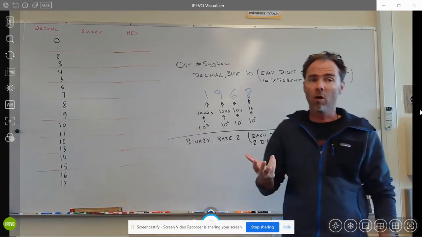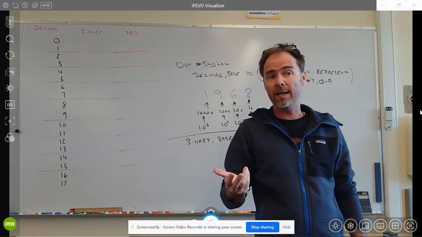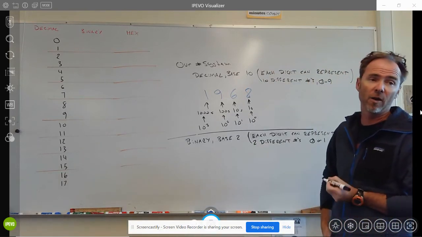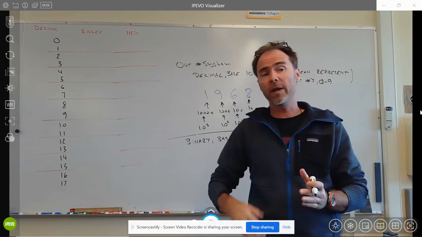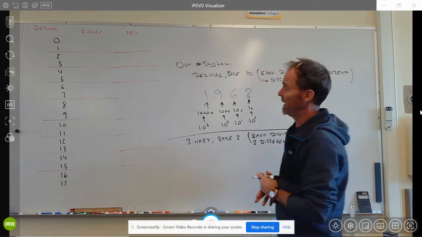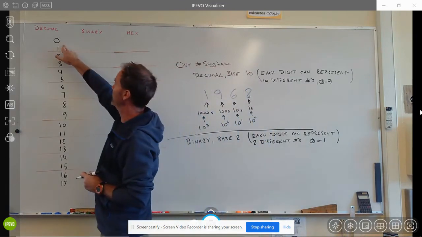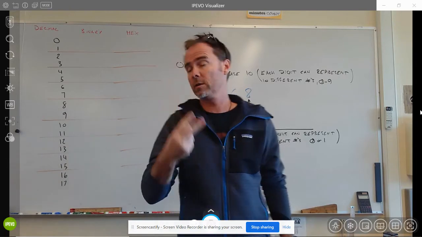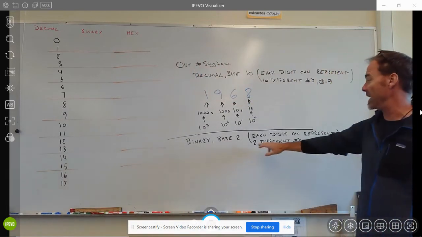Okay, so let's start counting in binary, and then we'll go back and learn how this really works. I'll do another video on how to convert back and forth. In binary, we have 2 characters, so binary is base 2.